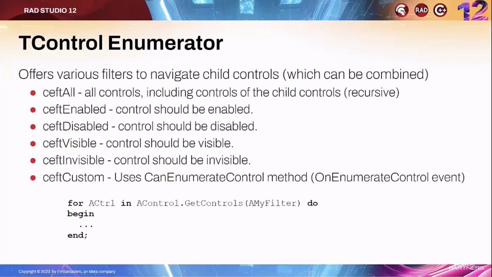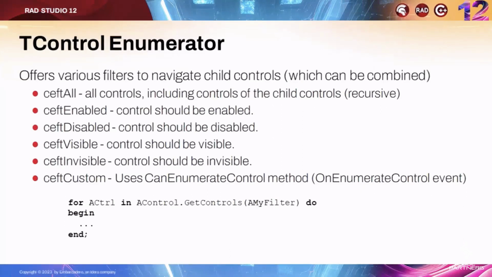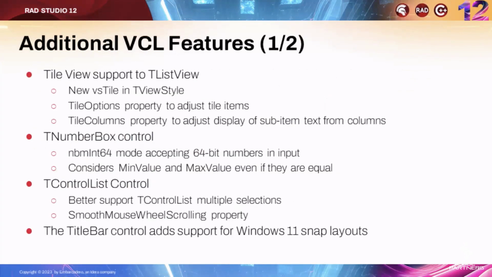There are a lot of different filters you can use to determine if you only want to enumerate the enabled, visible, disabled controls, and also the ability to have a custom event handler to determine if a control should be part of the list being enumerated, depending on its status in a totally custom way. We have added tile view support to the TListView.